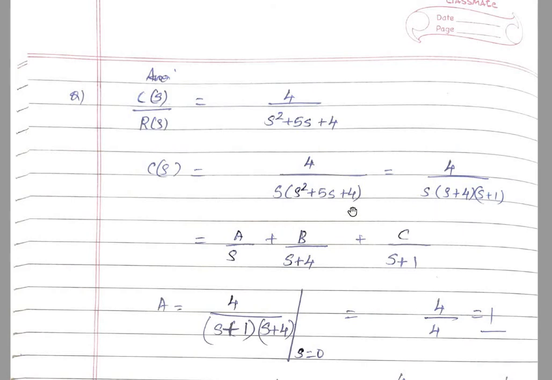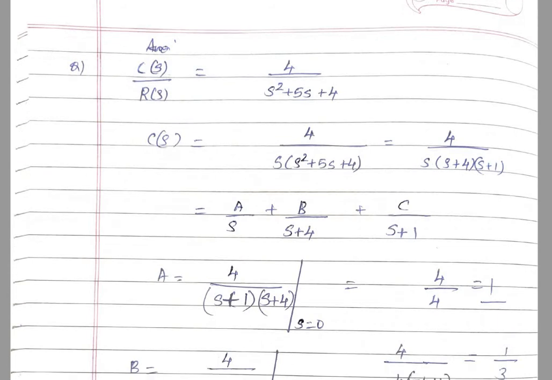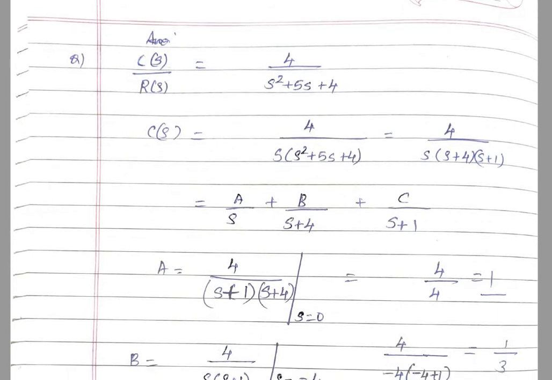Now, I just factorize this equation as 4 divided by s into s plus 4 into s plus 1. Now, by partial fraction expansion, I will be able to find the values of a, b and c. So, find the value of a, b and c by partial fraction expansion or any other method suitable to you.